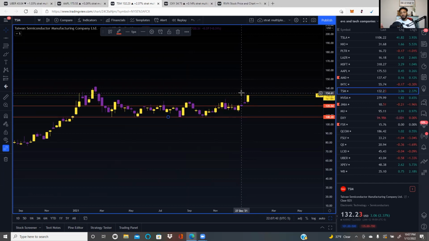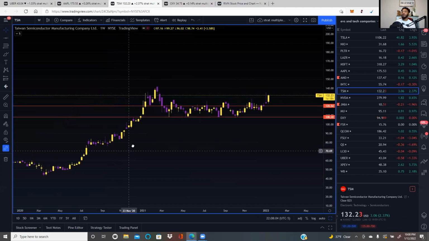So that's what you call finding your entry from a consolidation accumulation on the charts. And like I said, the longer the candles are in consolidation, the bigger the move. And you're basically using resistance and support the whole time to plot your move, right? And that's how you want to do it.